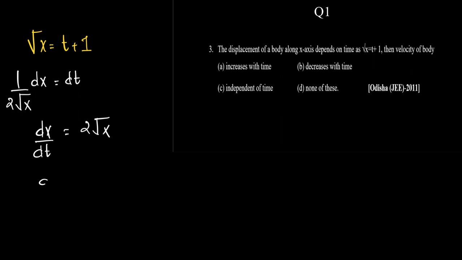We can say that dx by dt is equal to 2 into root x, and what is root x from the question? Root x from the question is t plus 1. Now, what is dx by dt? dx by dt is velocity, which is equal to 2 into t plus 1.